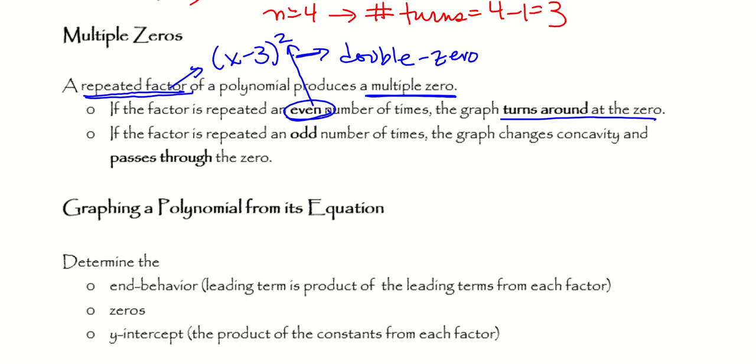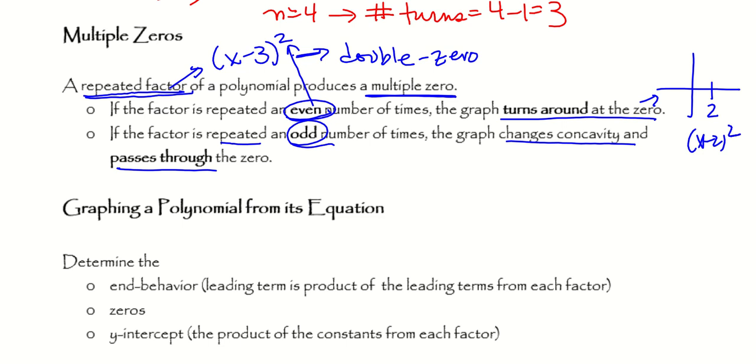If the factor is repeated an odd number of times, then the graph is going to change concavity and pass through that zero. So if I had a zero at, say, 2, and it came from the factor x minus 2 squared, then my graph would come into 2 and turn around there.